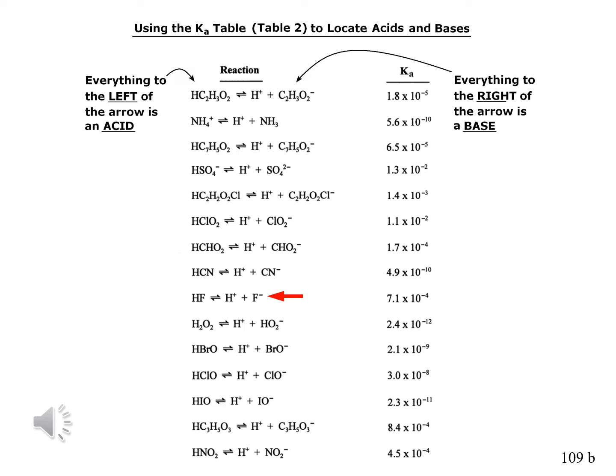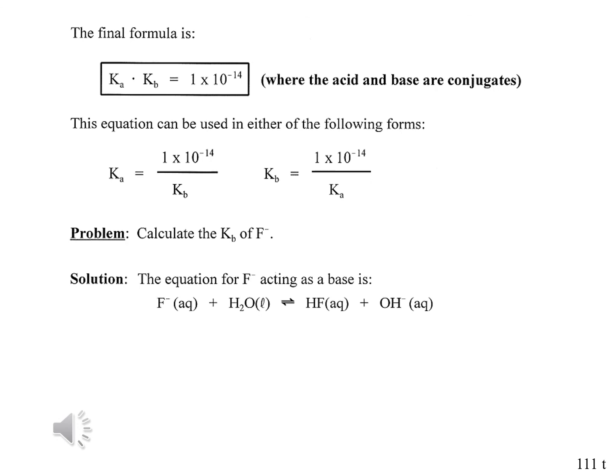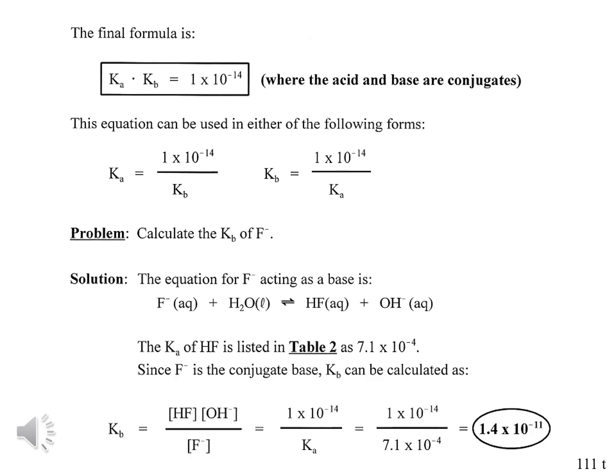What we want to get is the Kb of the F-, which is the conjugate base, on the other side of the equilibrium. That's the K for the reaction of F- with water to make OH. The way you do this is, since we know what the Ka is, all you have to do to get the Kb of F- is to take 1 times 10 to the minus 14 divided by the Ka, and there it is.